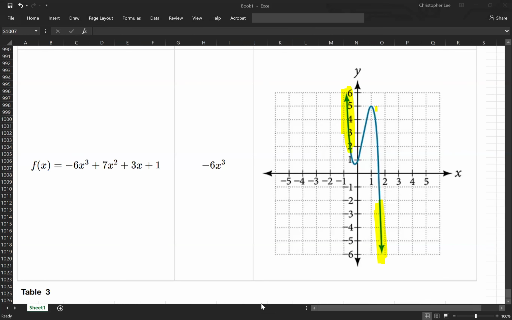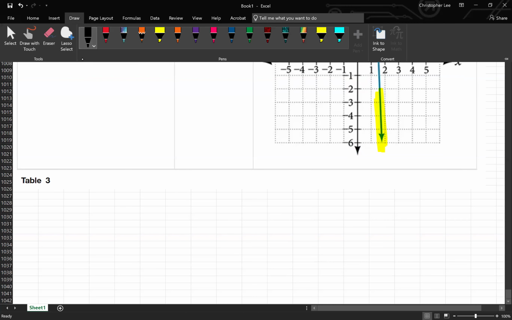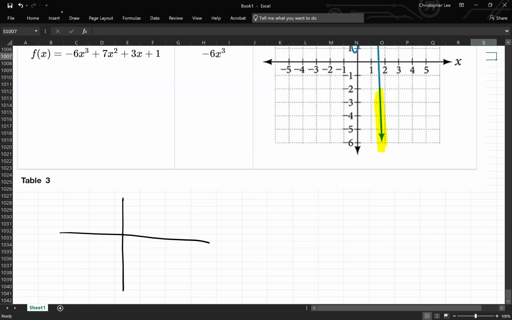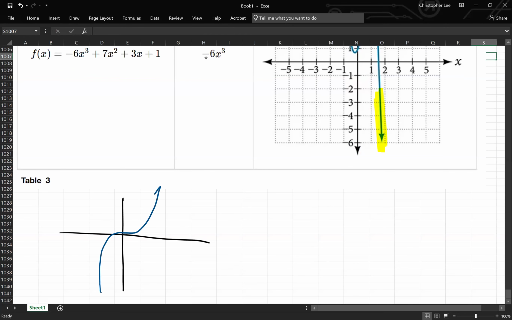So usually, since it's blue, let's say that I had f of x is equal to x cubed. So x cubed looks like this.